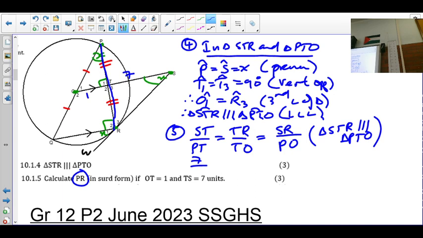I'm missing something here. That is 17. OT is 1. PT is equal to TR. Yes, I know that.